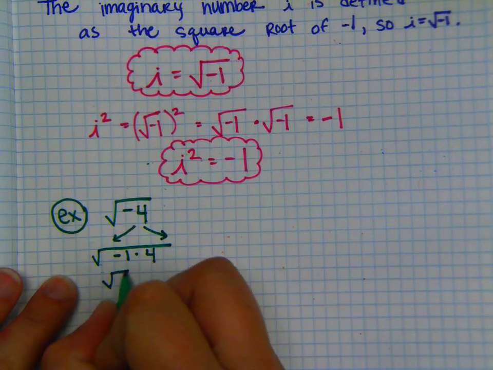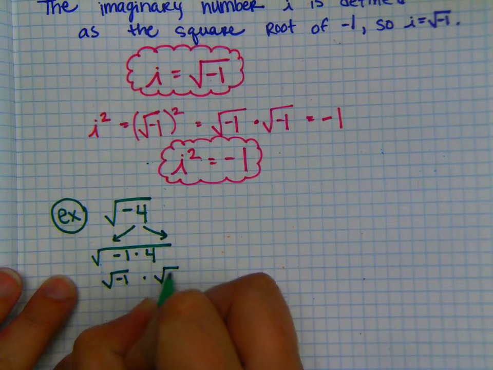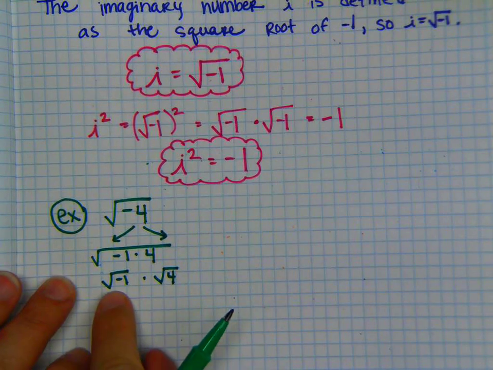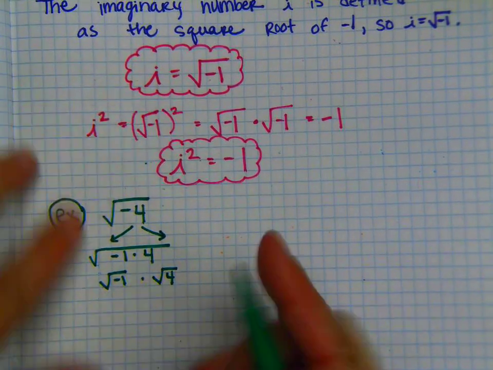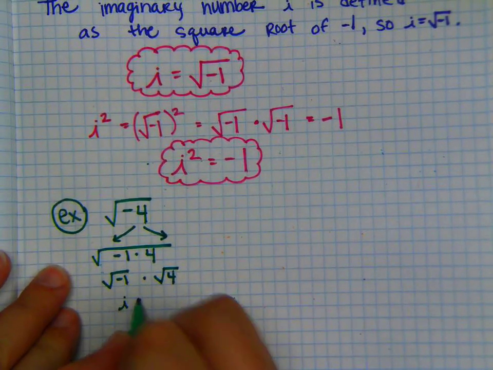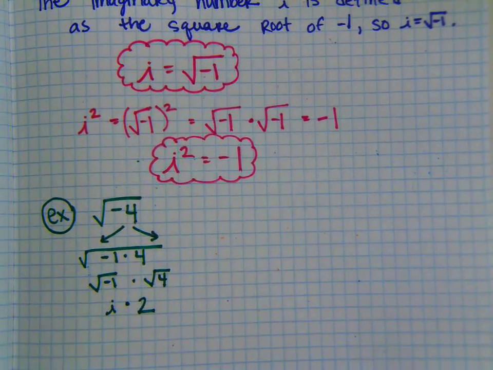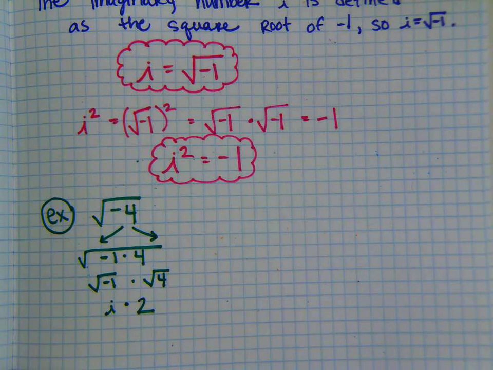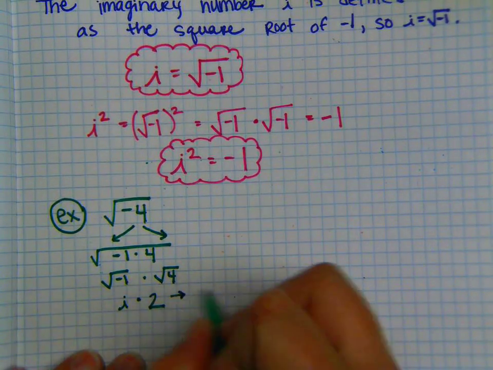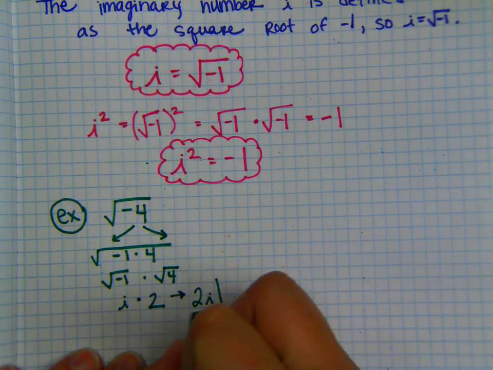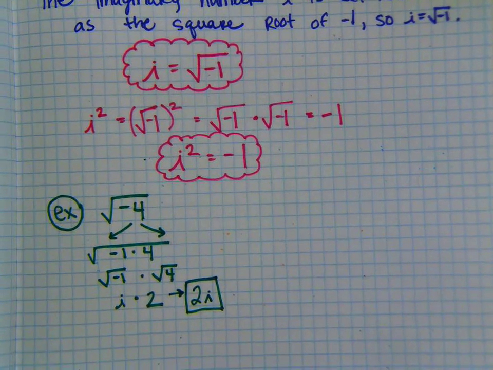Well, that'll give us the square root of -1 times the square root of 4. And we already know the square root of -1 is i, so I'm going to write i, times, and then the square root of 4 is 2. Now, i times 2, that's okay, but we like to write it as 2i. And that's how we're going to write our final answer.